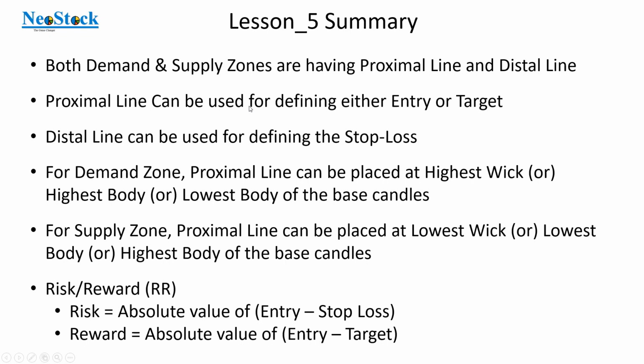That's why in a single statement I defined that the proximal line can be used as either entry or target depending on demand or supply zones. Okay. Next, what did you learn? The distal line can be used for defining the stop loss. So that's why risk will be calculated as the absolute value of your entry minus stop loss.